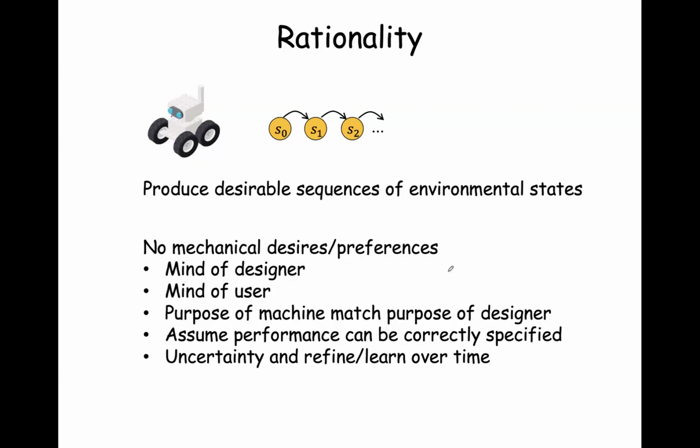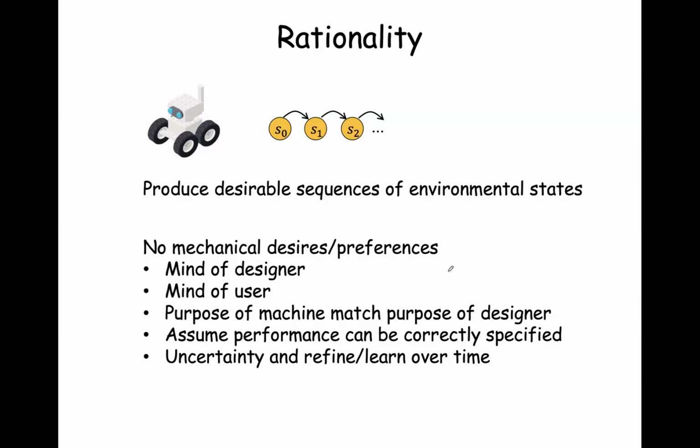So the purpose of these agents, these mechanizations, these machines, is to match the purposes of the designer. In the case of the robot vacuum, does it effectively clean up the space? And there are no two identically same spaces. So the set of actions is going to be different for the same notion of desirability.